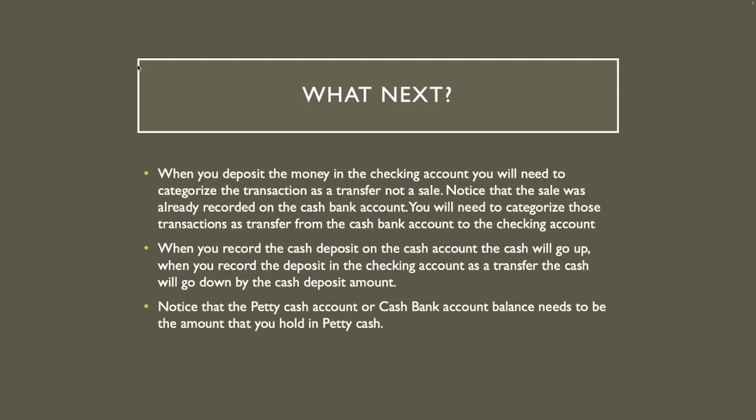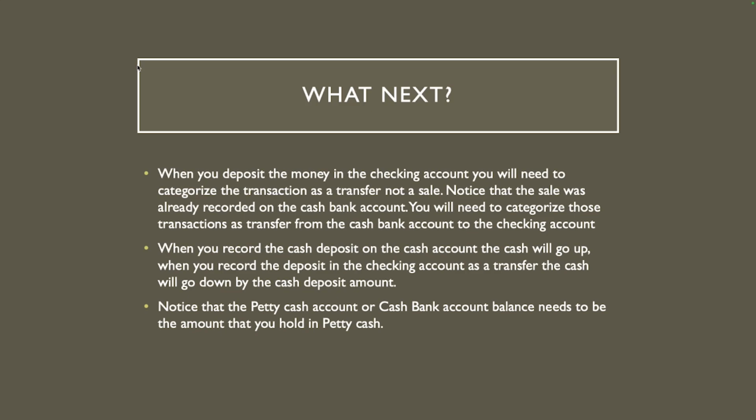So you want to make sure that you categorize that transaction when it clears in banking as a transfer from cash into your checking account. It's kind of like taking out of one bucket and putting in another bucket. Notice that when you record the deposit into the cash account, your cash is going to go up.